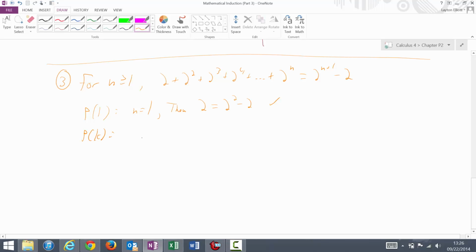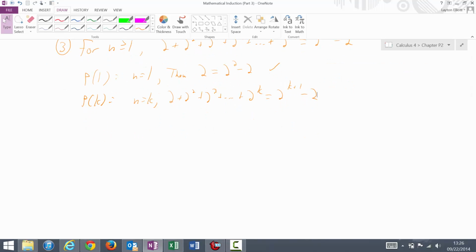The P of k condition means that n is equal to k. So 2 plus 2 squared plus 2 cubed all the way to 2 to the k is equal to 2 to the k plus 1 minus 2. And if I'm trying to show that for P of k plus 1, where n is equal to k plus 1, I'd start with 2 plus 2 squared plus 2 cubed all the way to 2 to the k plus 2 to the k plus 1.